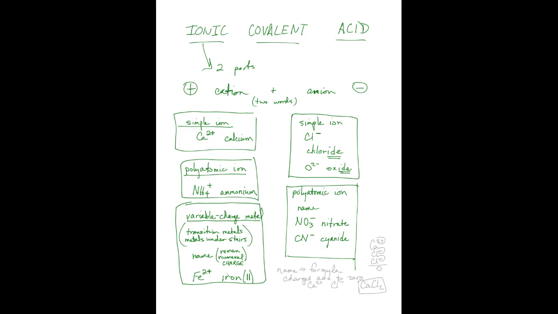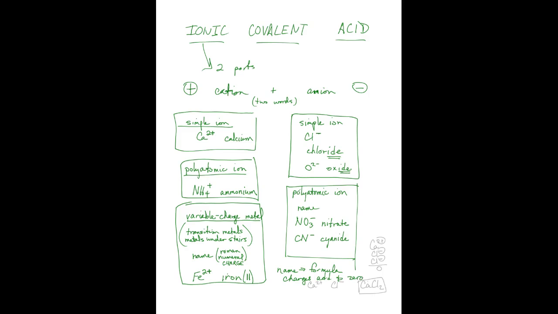Now, the only other thing you need to know is that when you're going backwards, not going from formula to name, but when you're going from name to the formula, be sure that you make them add up to 0. The charges add to 0.